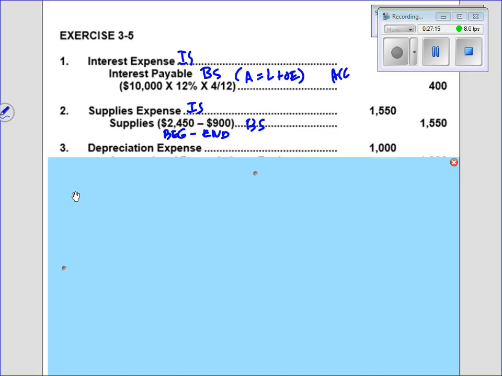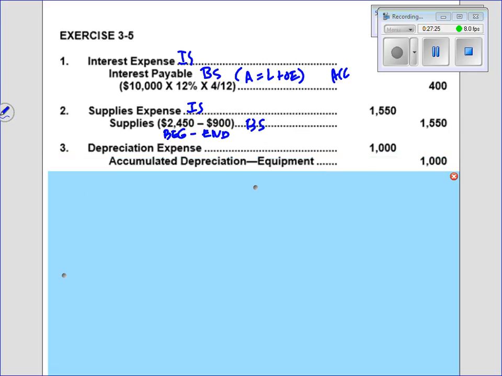What's our credit? What new account did we learn about? That's our debit. What's our credit? Accumulated depreciation equipment, and you're welcome to abbreviate that some. Depreciation expense is income statement. The other one is balance sheet. We'll learn more about how that works on the balance sheet in a later chapter.